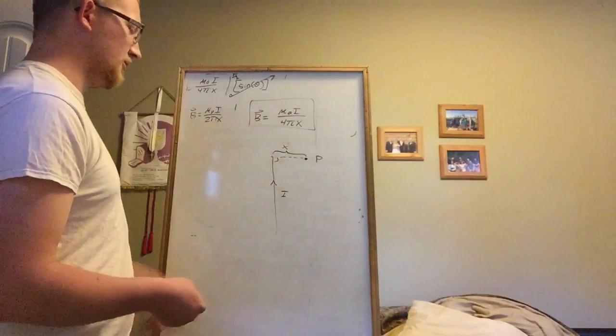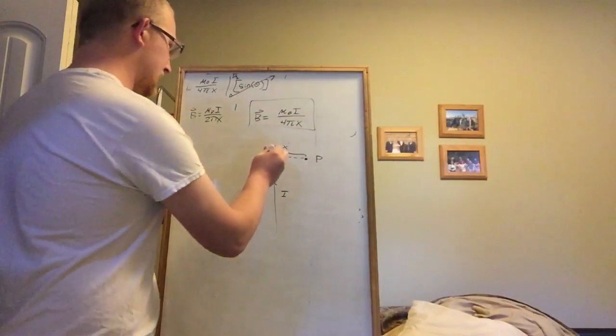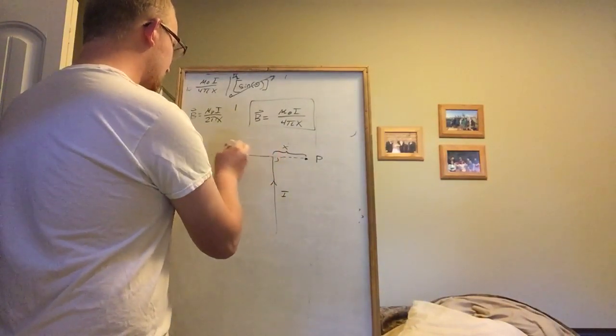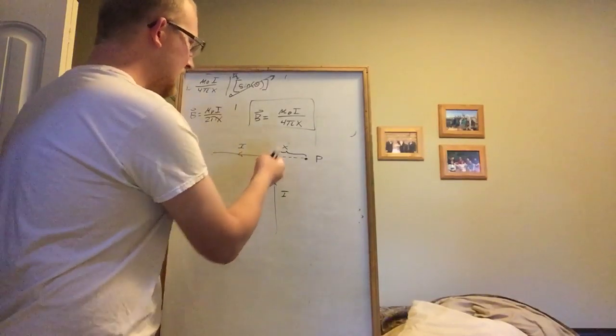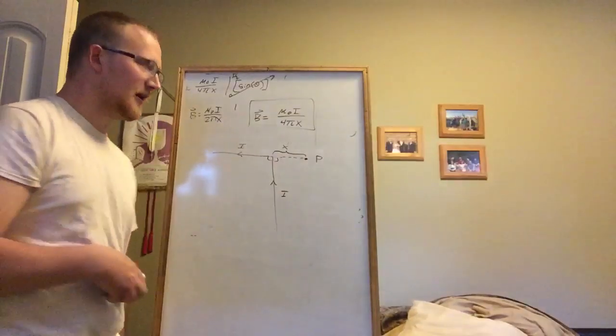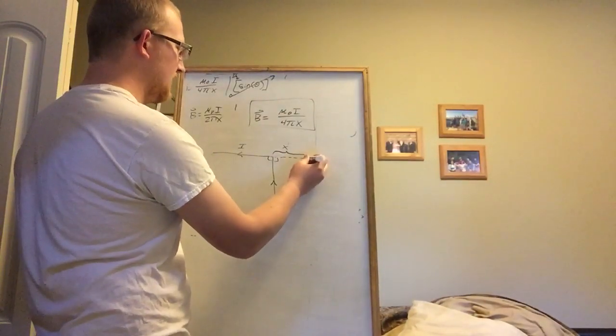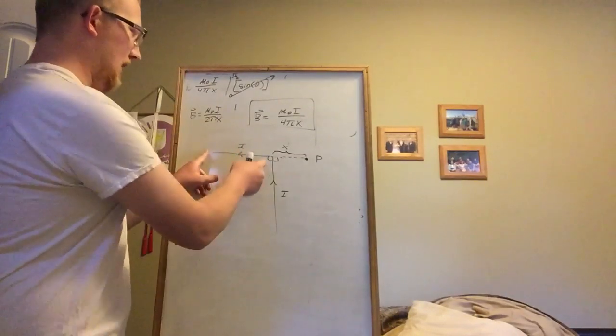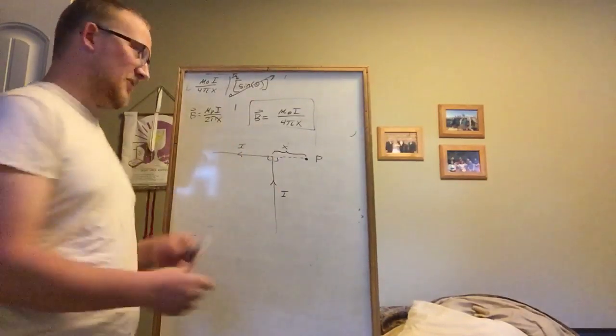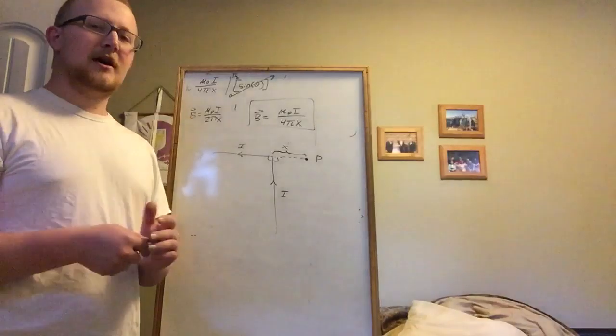And the last we talked, we had looked at this situation where we had a wire that was carrying current and it went to a 90-degree angle, took a left turn and went this way, and we were figuring out the B field at this point P. And what we found out was with this wire, that the B field caused by that length of wire went to 0.